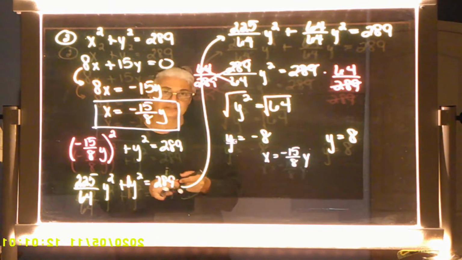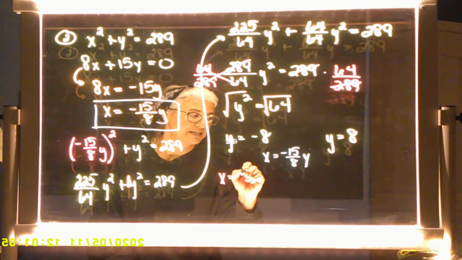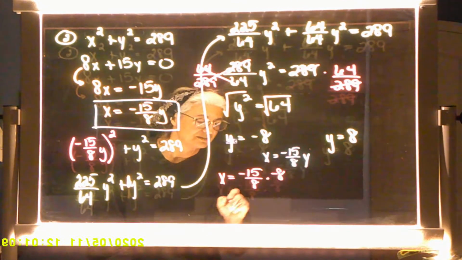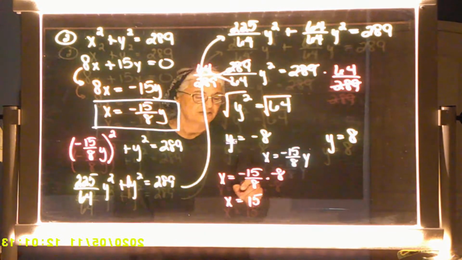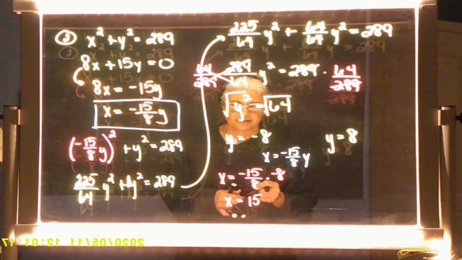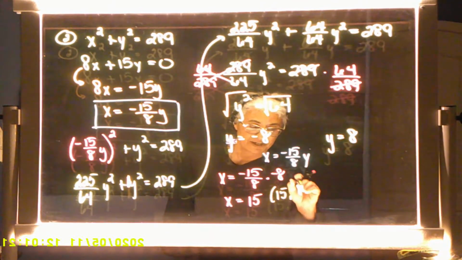All right, let's look. So this first one, x equals a negative 15/8 times a negative 8. Good, x equaling a positive 15, doesn't it? Which means one of my points is 15, comma, negative 8.